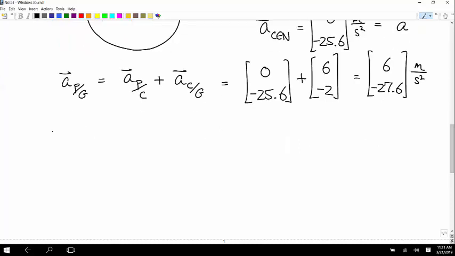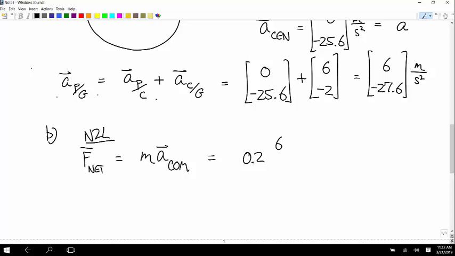And then part B is pretty easy once you have that. Newton's second law says F net is equal to the mass times the acceleration of the center of mass. This is a particle, so the center of mass is just the particle, and so this is equal to 0.2 kilograms times the acceleration of p.